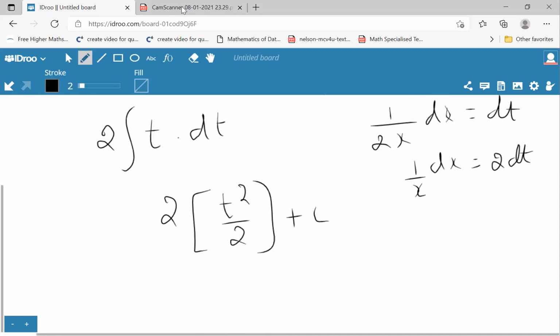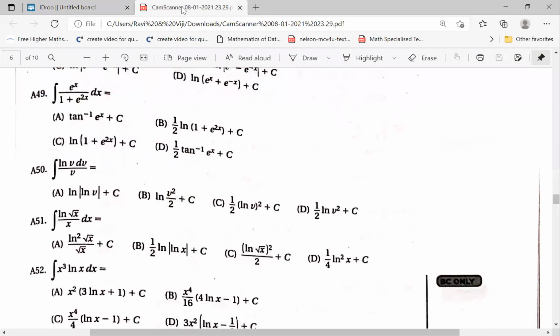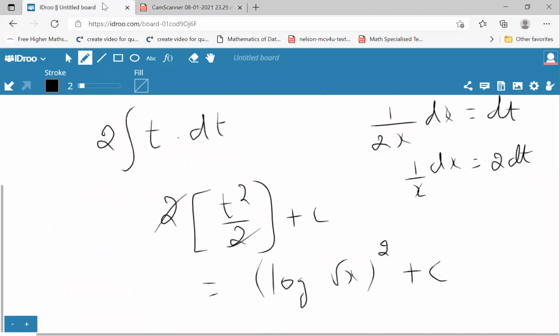Log of root x. So this 2 and this 2 can be cancelled, and that becomes log of root x the whole square plus c. Let's see which option is correct.